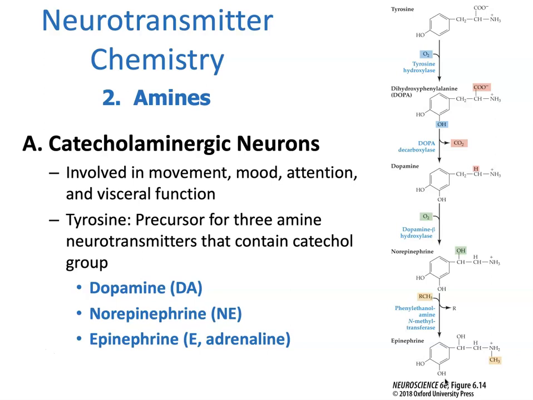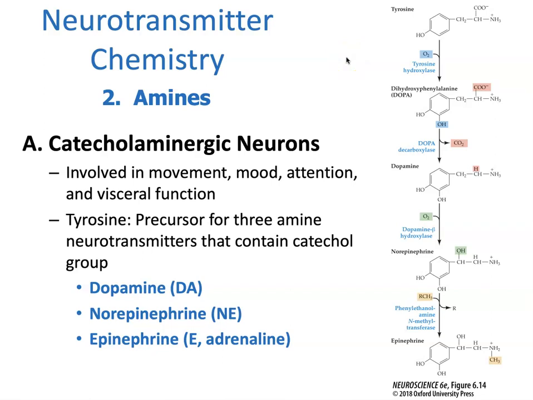Their basic synthesis is pretty straightforward. You have to have tyrosine available in order to produce any one of these within the catecholaminergic neuron. So what is the rate limiting step? Honestly, the rate limiting step is having tyrosine and having tyrosine hydroxylase so that you can produce DOPA. Once you have DOPA, you can pretty easily move forward. You do have to have other enzymes, but the beginning of this is having that tyrosine available.